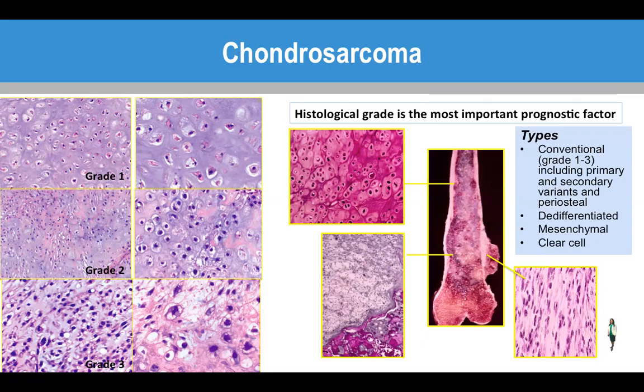For osteosarcoma, pathologists usually see the sample at the biopsy stage and then it is treated with neoadjuvant chemotherapy and surgery, and the pathologist will see it again when it's resected to evaluate the therapy effect and the margin.